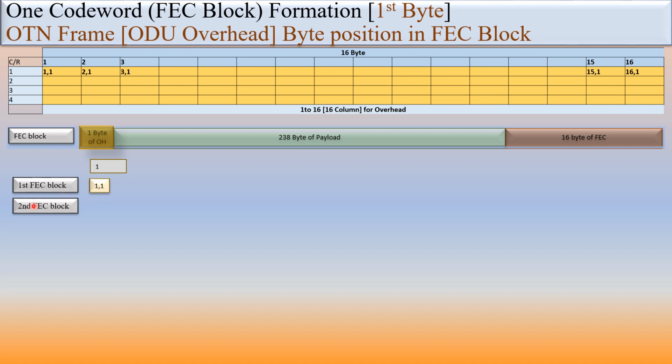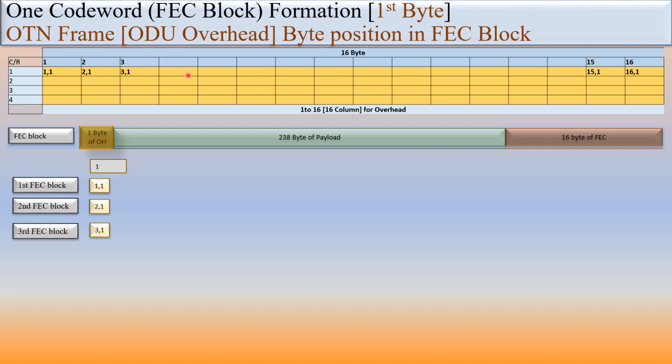For the second FEC block, which byte from the overhead area is used? This byte, 2 1. In the same way, in the third FEC block, this 3 1.